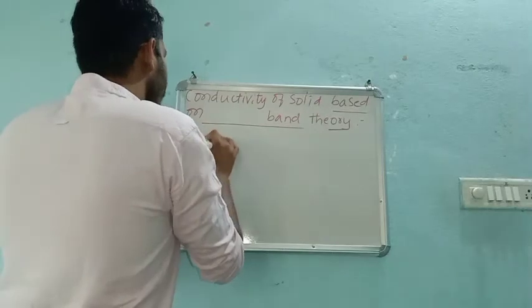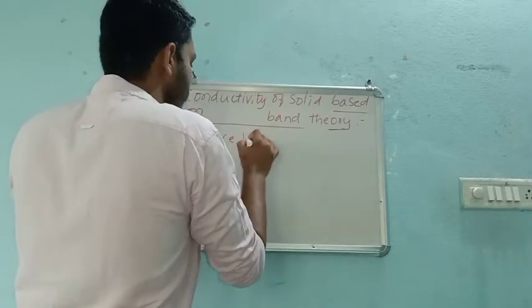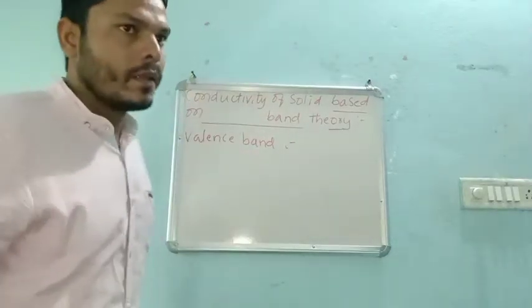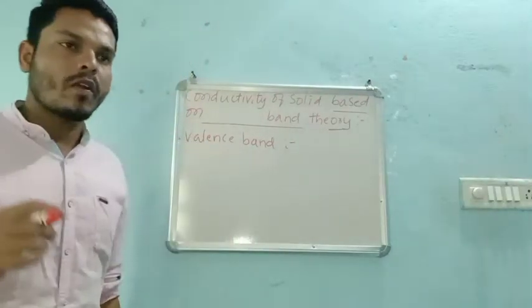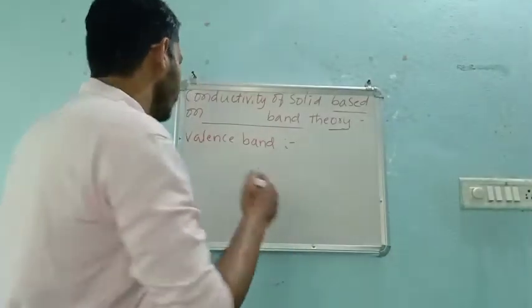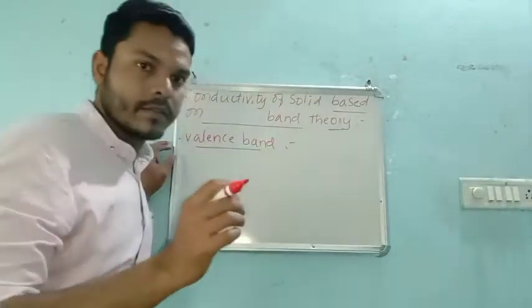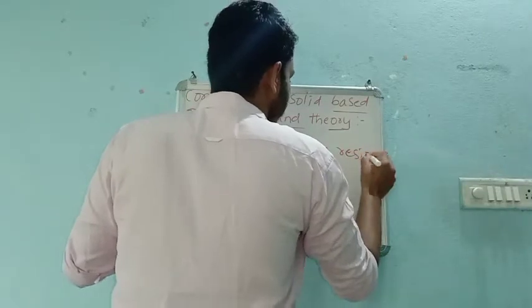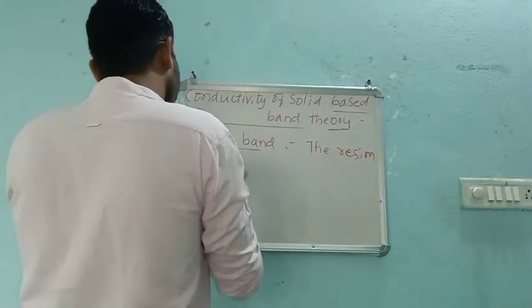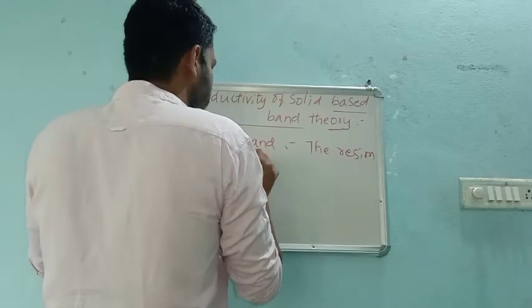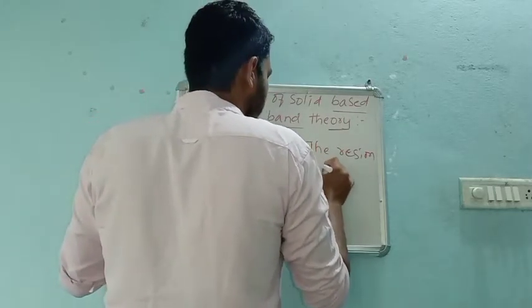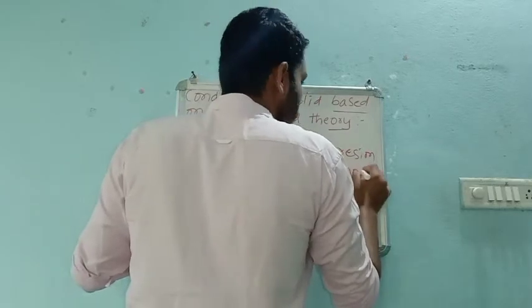One is the valence band, the region where electrons are occupied more.